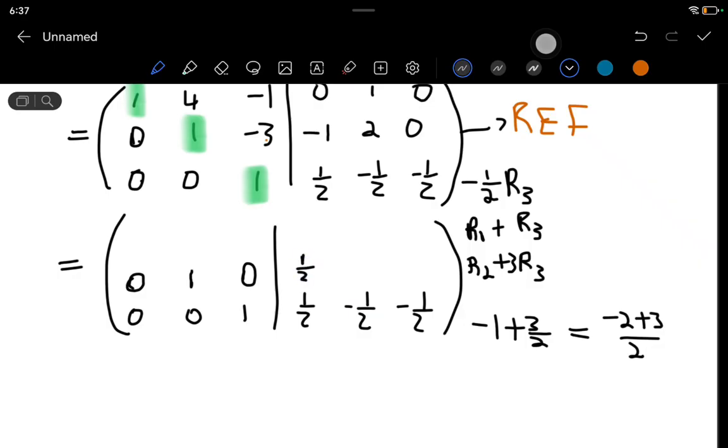And then the other one is 2 plus, not plus, it's going to become minus because of the negative there. 4 minus 3 over 2 will be 1 over 2.